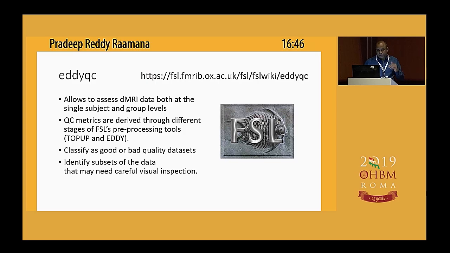Next, jumping into diffusion MRI QC now, is a tool called EddyQC from the FSL group, which really helps with assessing at the single subject as well as the group level. QC metrics are derived through different stages of FSL pre-processing pipelines, primarily focusing on trying to differentiate between good and bad quality scans quickly, and also to reduce the QC burden by identifying problematic scans that you can spend more time on.